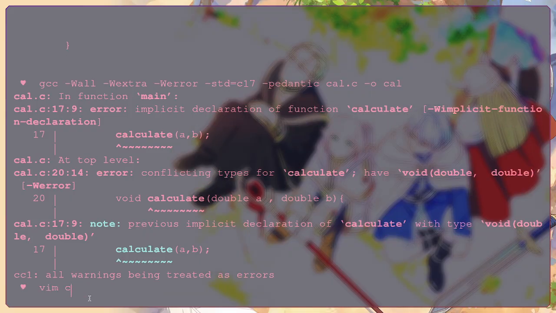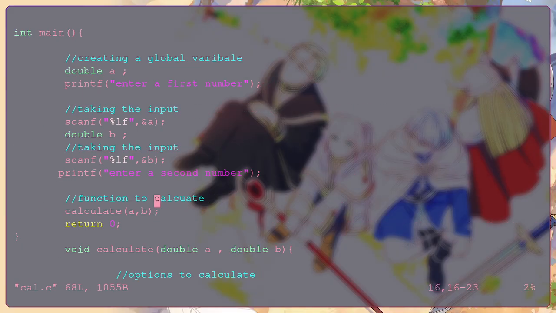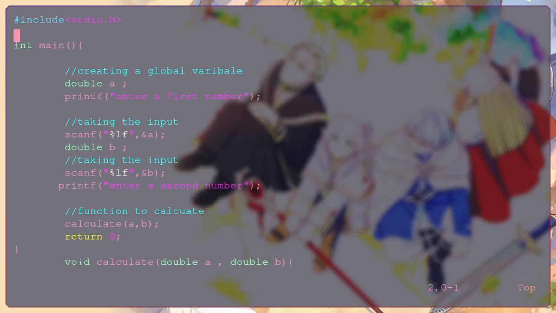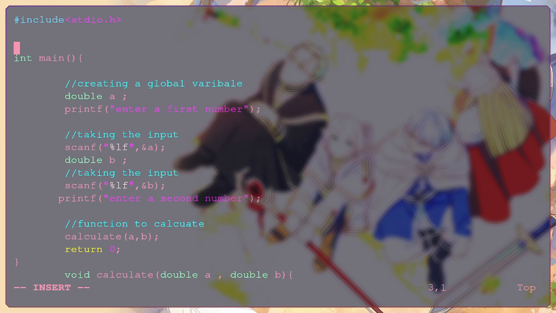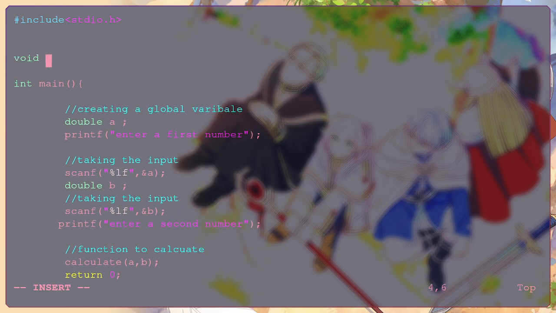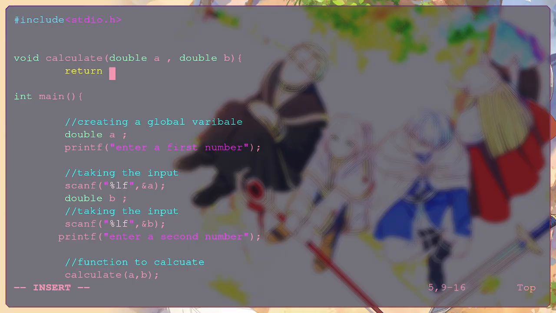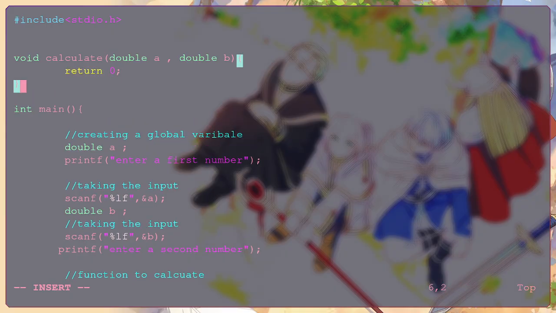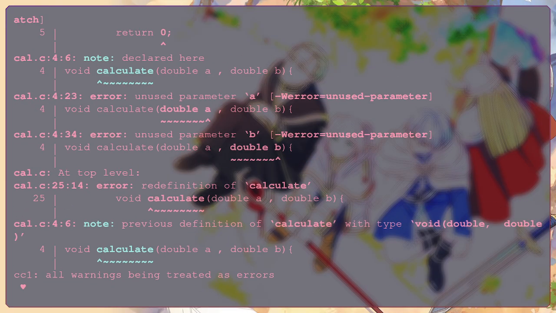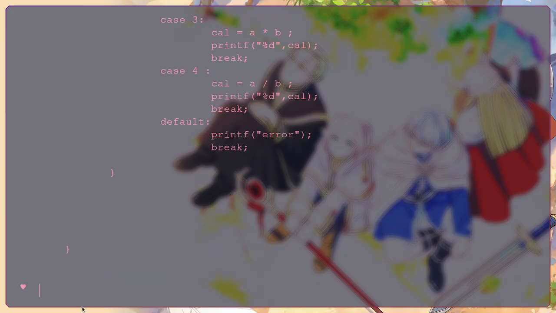Vim calc.c. Void calculate, double A comma double B. Return 0. Cat cal.c.